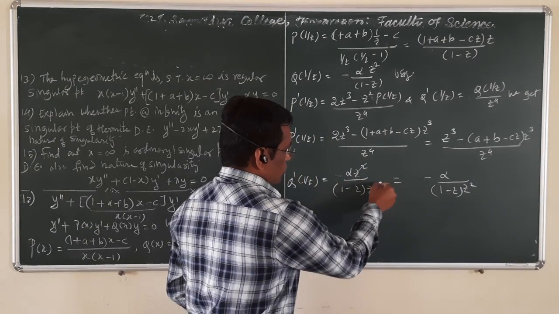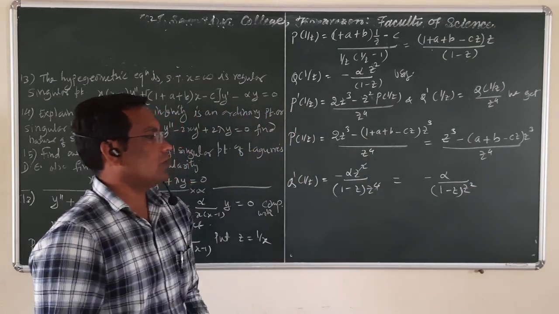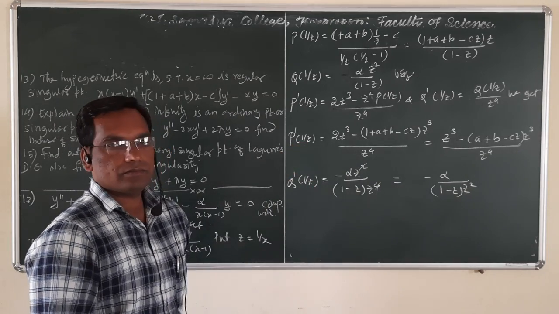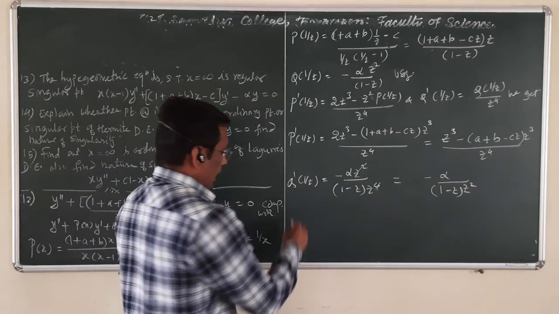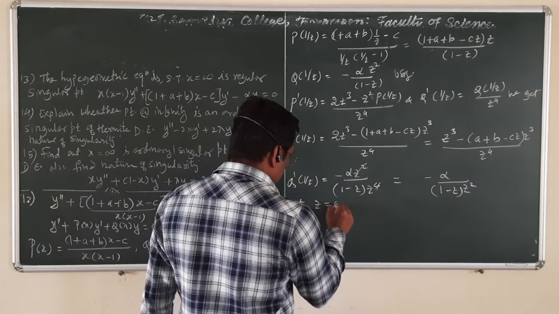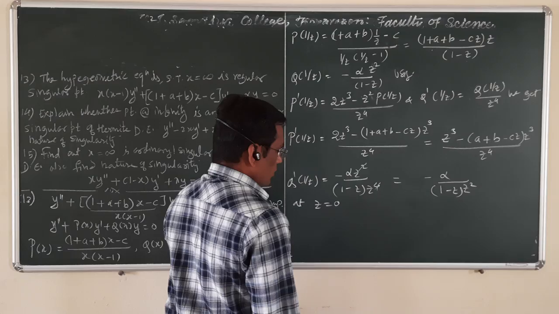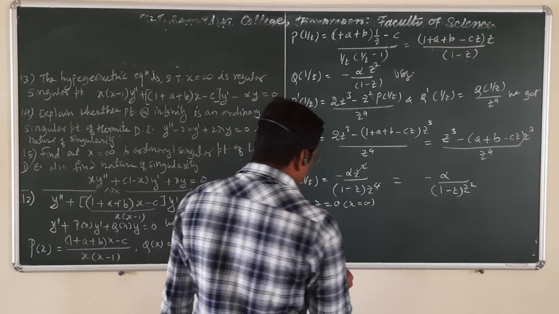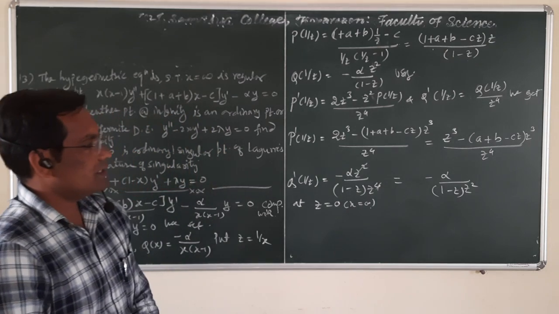This will reduce the power of z raised to 4 to 2. So we have now p dash and q dash. Now at z equal to 0, which means x equal to infinity, we have to take these two limits.